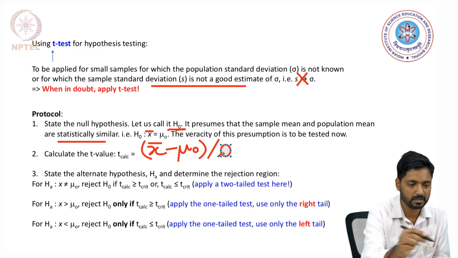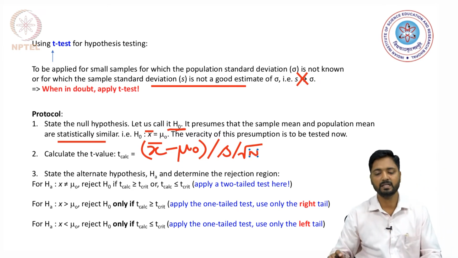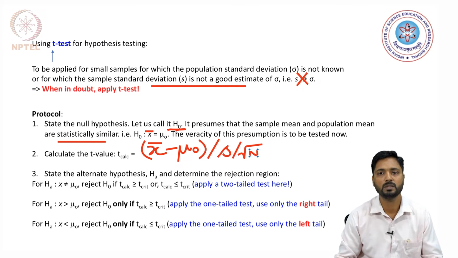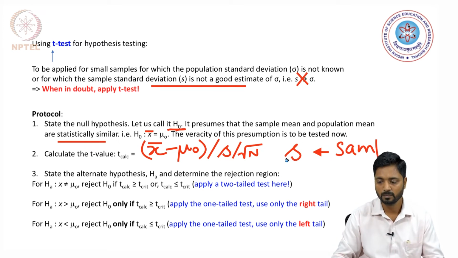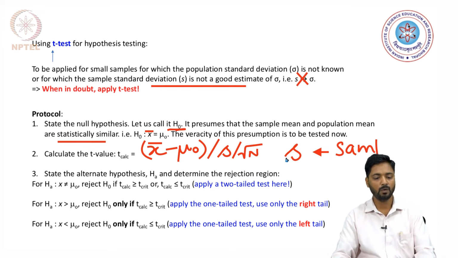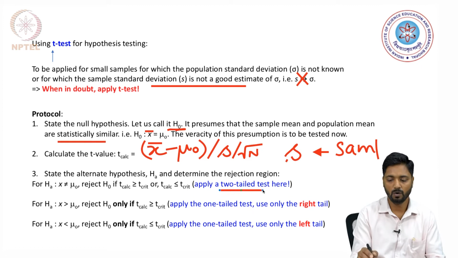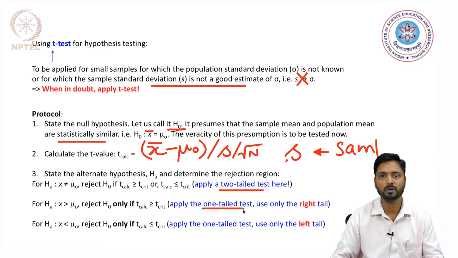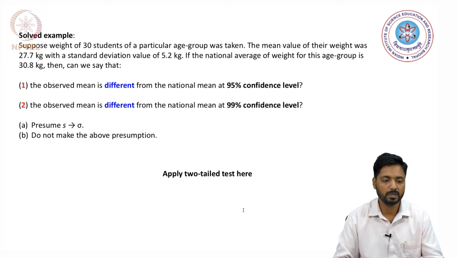However, the only difference is that we are talking about the sample standard deviation S instead of the population standard deviation. As previously, we will apply either the two-tailed test or the one-tailed test depending upon the hypothesis that we want to test. Now, let us take a real example to understand this concept in greater detail.